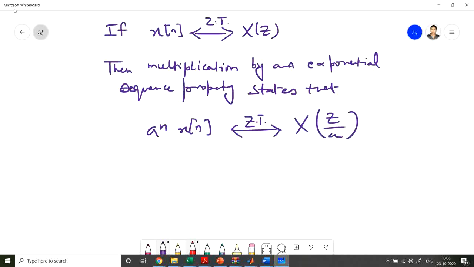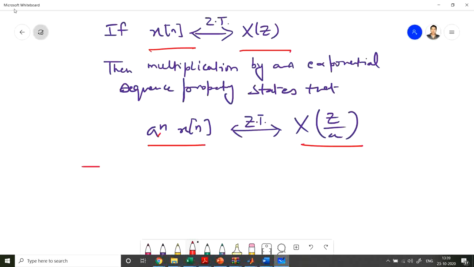So if the z transform of x[n] is X(z), and then you multiply with a raised to the power n into x[n], the z transform will be X(z by a). This is called the multiplication by exponential sequence property.